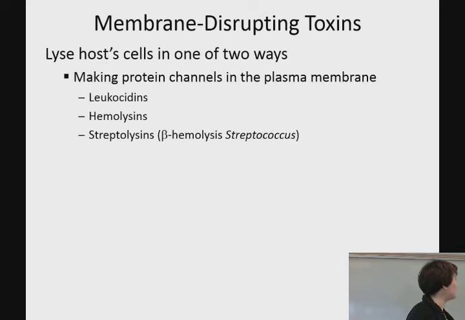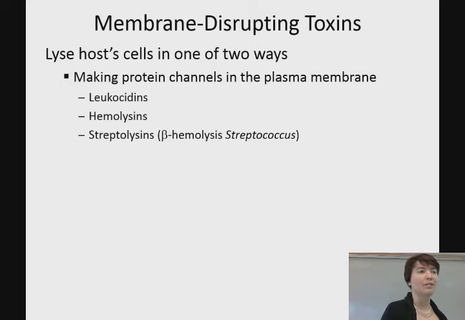So what they do is usually they make protein channels. So the toxin is a protein, and it gets into the membrane and it forms a pore, and now it's as if there are holes all over the cell. So here are some examples: leukocidins, hemolysins, and streptolysins. This is involved in streptococcus species that cause beta hemolysis, like we saw in those blood agar plates.